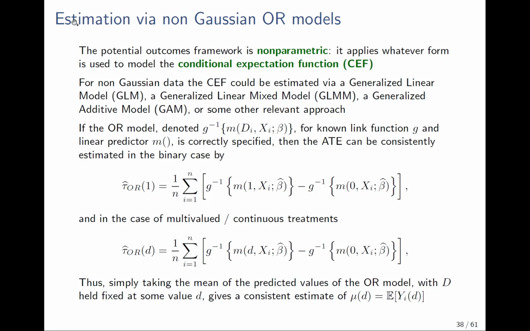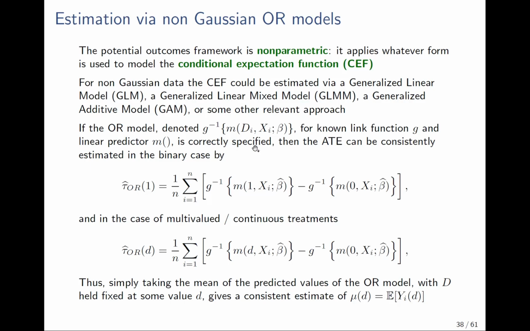So if we have an outcome regression model, which we'll denote by this expression here, this is an outcome regression we're using to model a CEF, a conditional expectation function. It has a known link function and some linear predictor, and the form doesn't matter, semi-parametric, polynomial, doesn't matter.